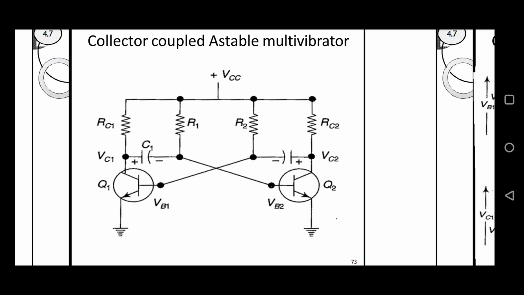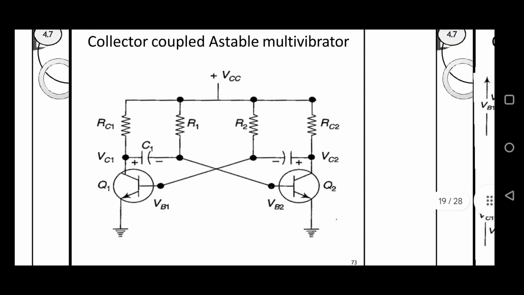VB1 is the voltage at the base of Q1, and VB2 is the voltage at the base of Q2. VC1 is the voltage at the collector terminal of Q1, and VC2 is the voltage at the collector terminal of Q2. This one is VCC, the power supply. This is the circuit arrangement.